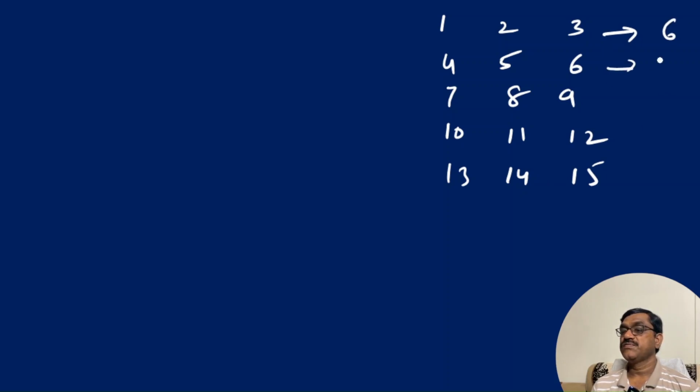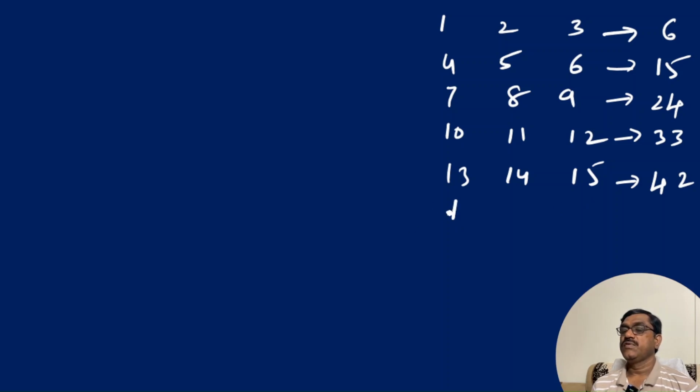Here 9 plus 6, 15. Here 15 plus this is 24, and this is 21, 33. And here 27, 30, 42. Okay, assume that it is 42.